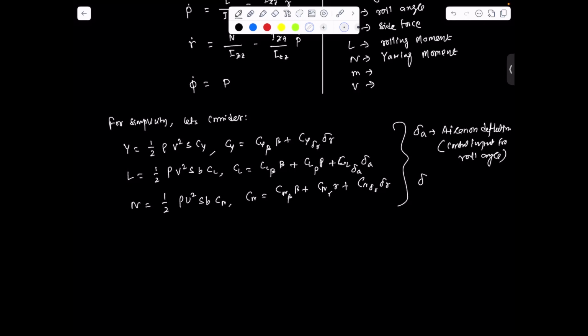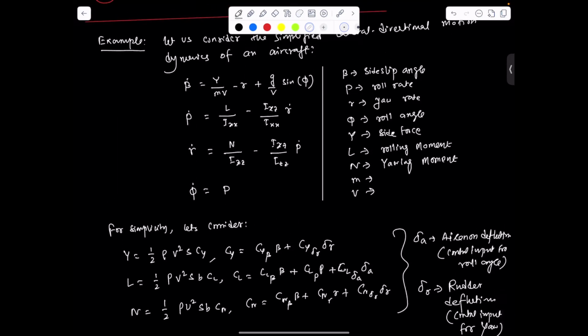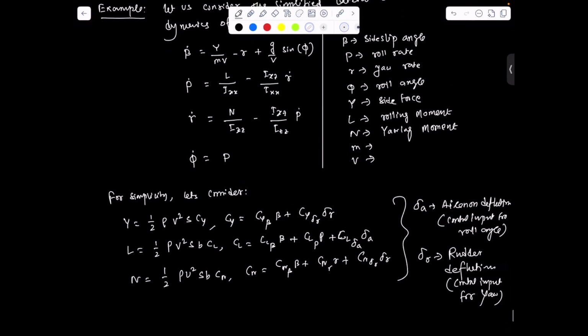And we are assuming delta R to be the rudder deflection input, and this deflection can be achieved through the control. So this is basically the control input for yaw angle. So this is how we can define the dynamics of this system, on which we'll be designing the control.